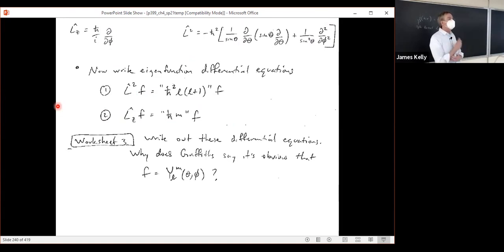So we're getting the exact same differential equations we got before by separation of variables, which seems a little bit incredible.